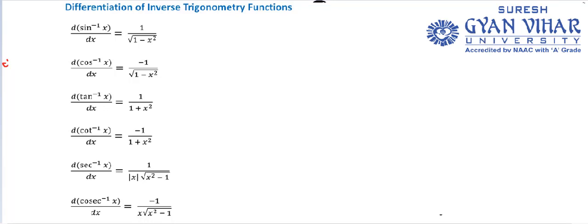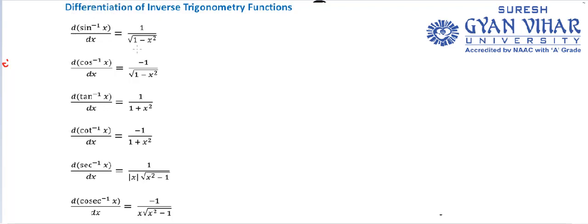You have to just memorize these trigonometric functions, like what is the differentiation of sine inverse x, cos inverse x, right? So you just have to memorize this one. It is very similar to each other. There are only certain differences, right? You have to remember whether it is positive or negative.